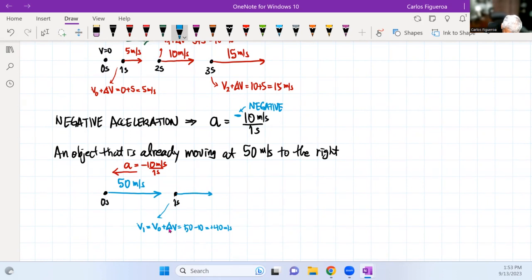So you're seeing here that the negative acceleration is reducing the speed at this point. And if I go to this point right here, at 2 seconds, it's going to be v1 plus this change in velocity due to the acceleration, which is 40 minus 10, which gives me 30 meters a second. And you can see how this is now slowing down.